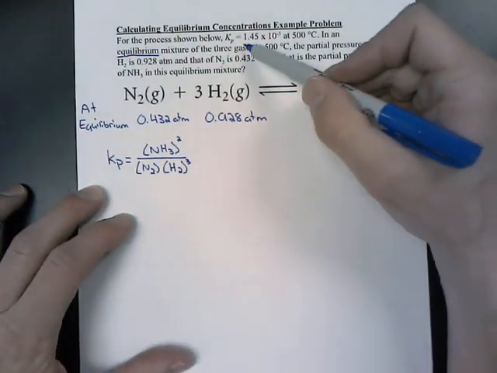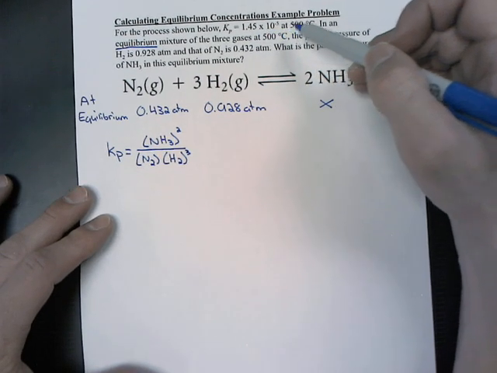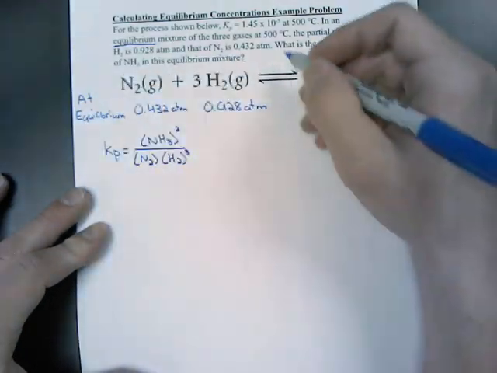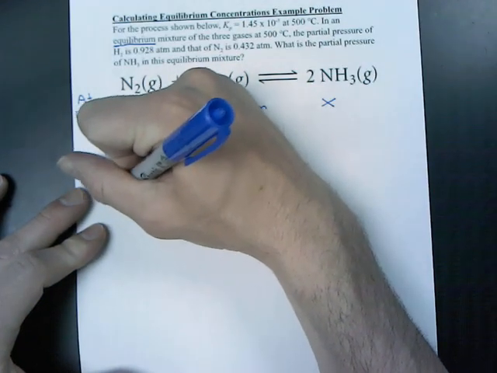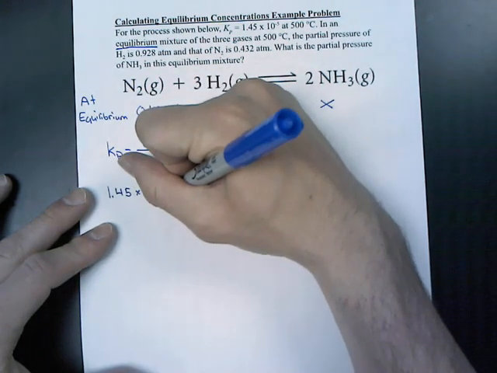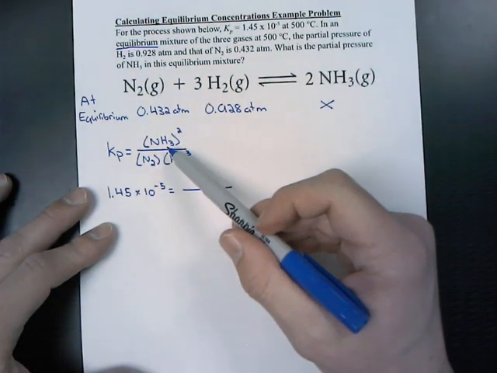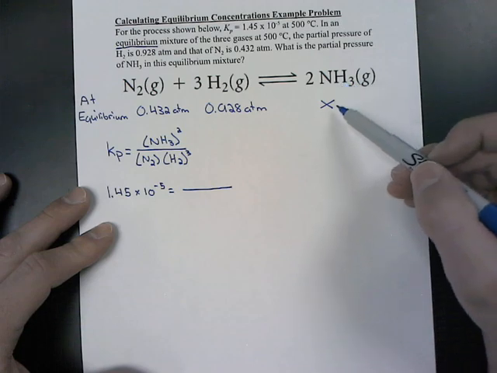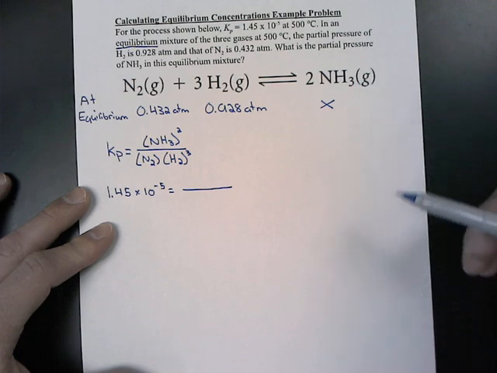Up top here, it says Kp is 1.45 times 10 to the negative fifth at this particular temperature. So instead of writing Kp, I'm going to insert that value into that location. This is going to be set equal to our pressure of NH3. Now, NH3, we don't know. The problem did not give it. So we said that is our x. That is our variable.